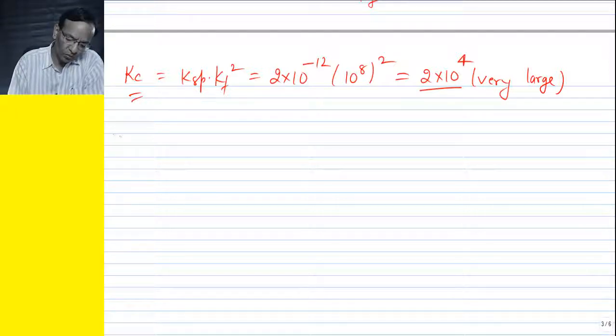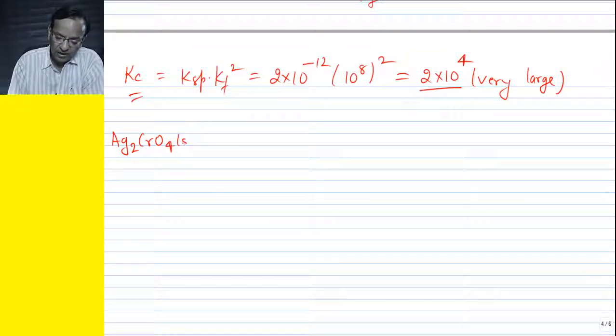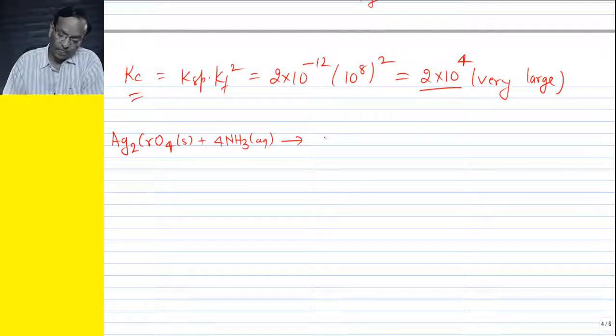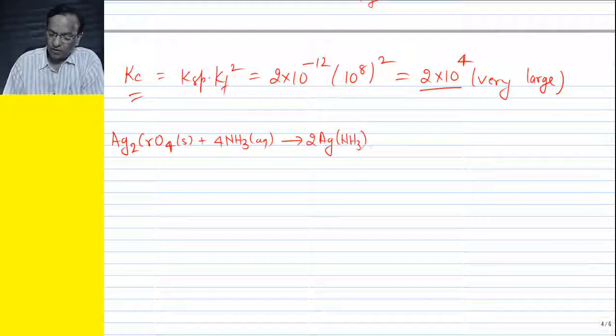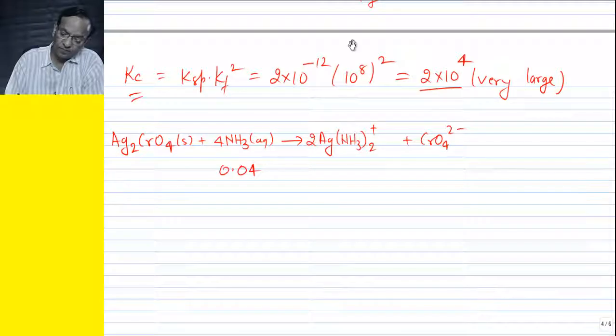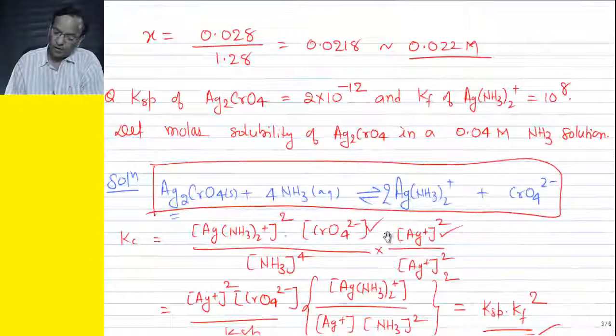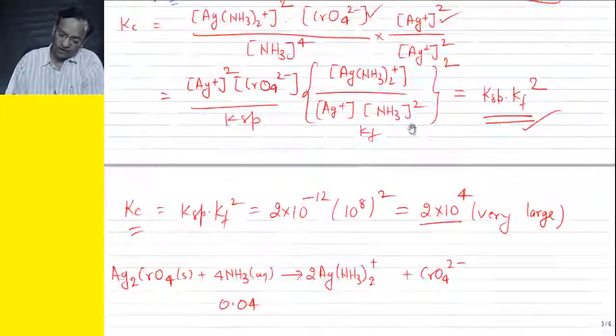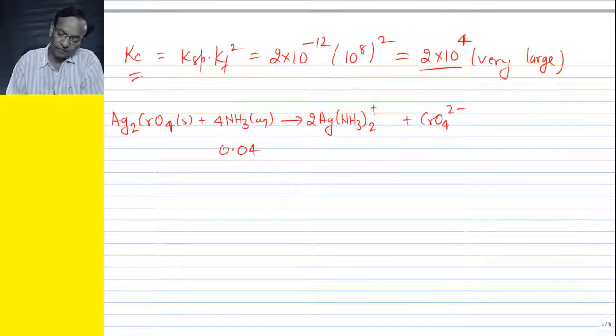Let us write once more that reaction: Ag2CrO4 solid plus 4 ammonia aqueous giving 2 Ag(NH3)2 plus plus CrO4 2 minus. Initial concentration of ammonia is 0.04 molar.